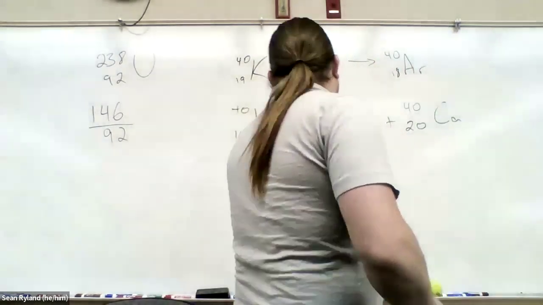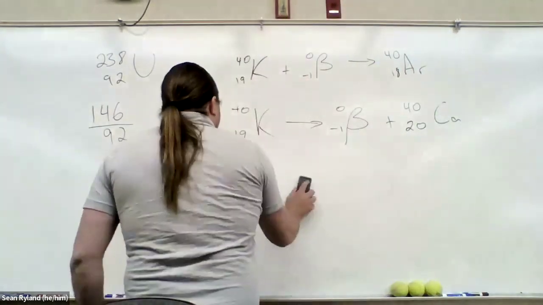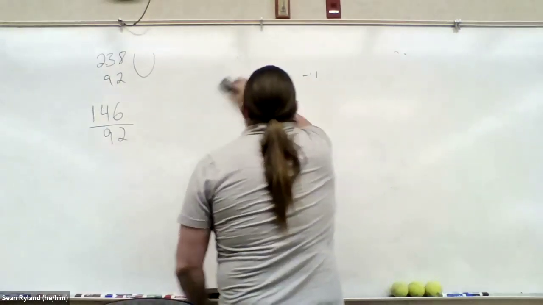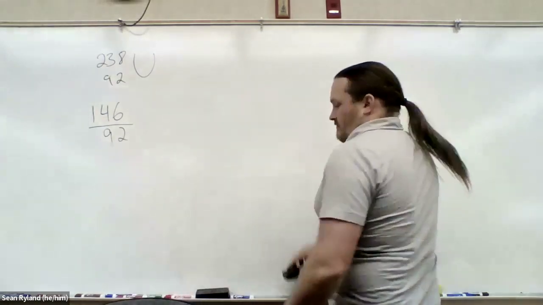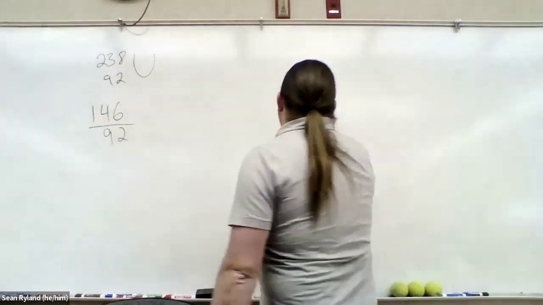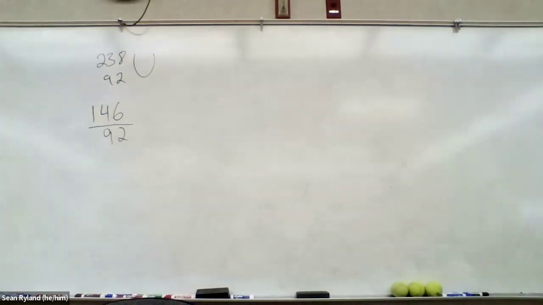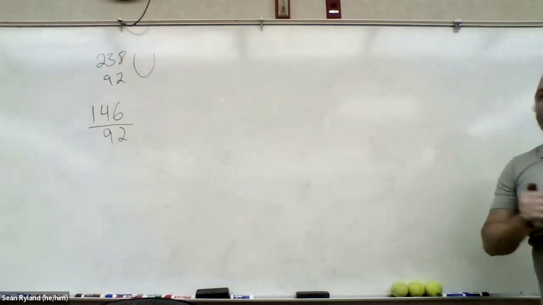If you have too many neutrons, what type of decay is going to be more likely? So if we have too many neutrons, we want to take a neutron and turn it into a proton. Beta decay.